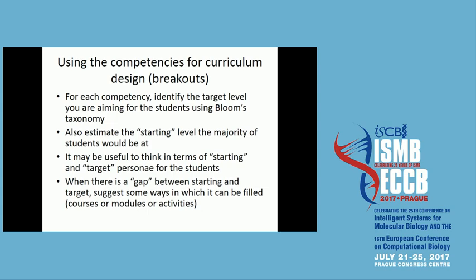So what we're going to ask you to do in groups, as you follow those competencies, is for each of those competencies, think about the target level for your students, for your graduates, and also their starting level. And then the third column is about identifying the gaps and thinking of ways in which you're going to meet this gap.